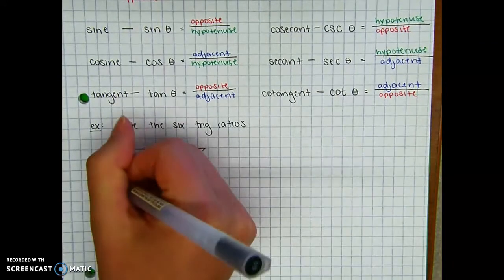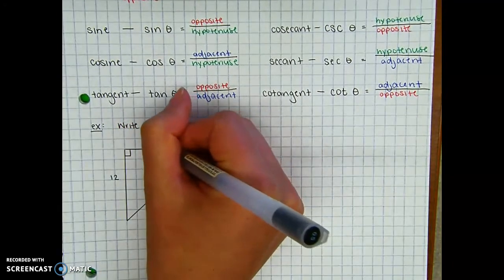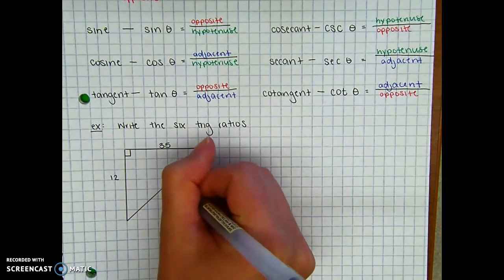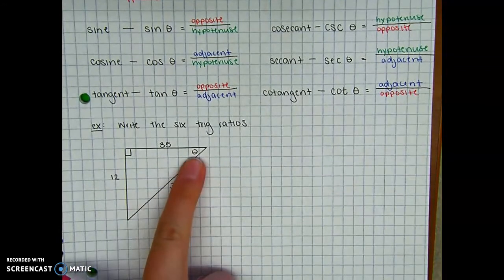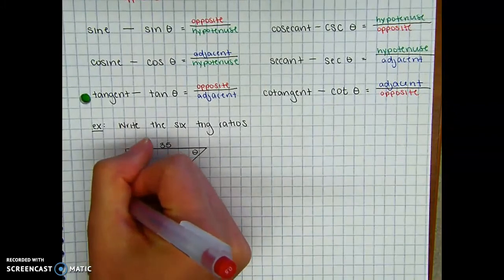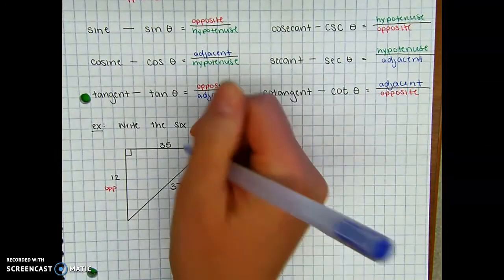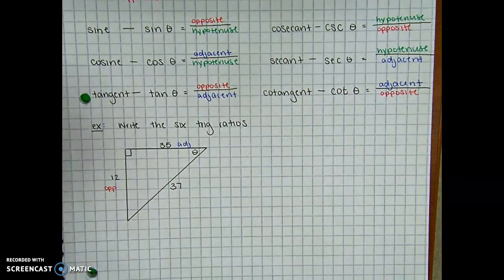And this side length is 12, this side length is 35, and this side length is 37. So the first thing I always recommend doing is labeling what side is your opposite side, what side is adjacent, what side is hypotenuse. So if this is theta, then this 12 is going to be the opposite side. This 35 is going to be the adjacent side, and this is the hypotenuse.